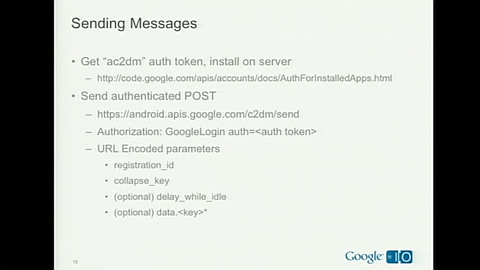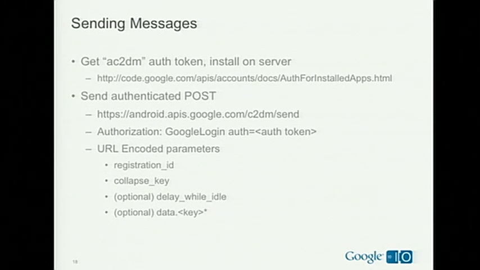To send messages, your application servers send a very simple HTTP post. This request is authenticated using the AC2DM authentication token, which you typically grab once up front using the client login API and install into your servers. You include this authentication token in the authorization header. And then you also include a couple of URL encoded parameters.